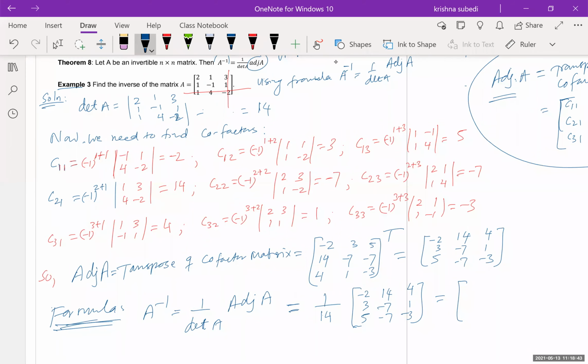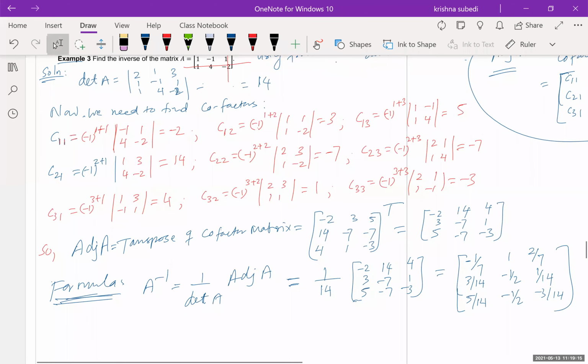So if I divide that, I'm going to get -1 over 7, because -2 over 14 is -1 over 7, 14 over 14 is 1, 4 over 14 is 2 over 7, and this guy is 3 over 14. This will be -1 over 2, and this is 1 over 14, and this one is 5 over 14. This will be -1 over 2, -3 over 14. That's it. That is your inverse.